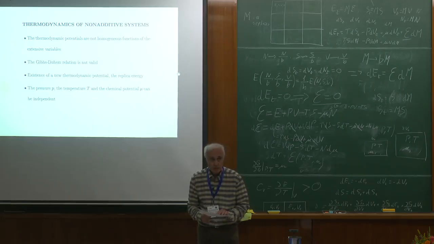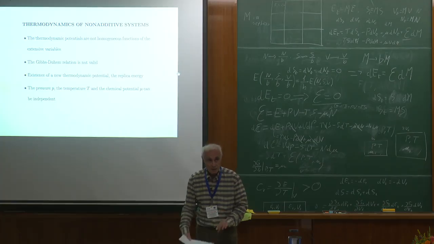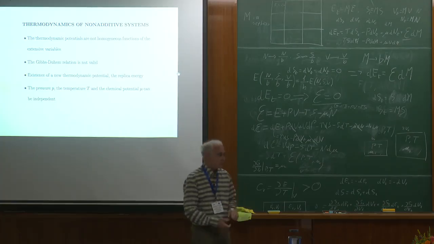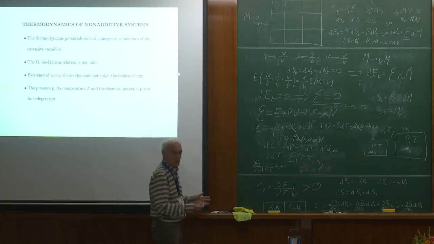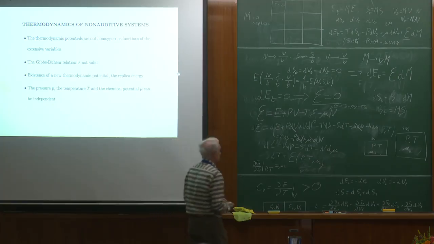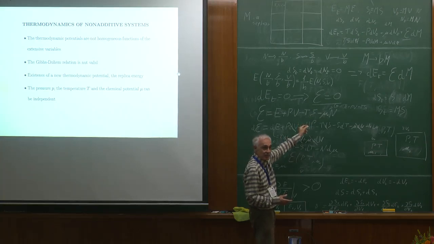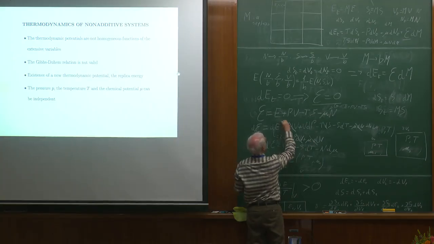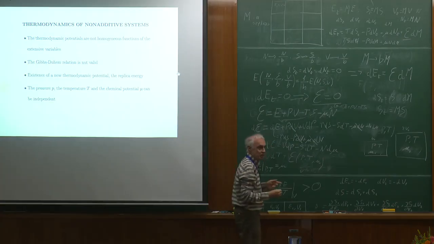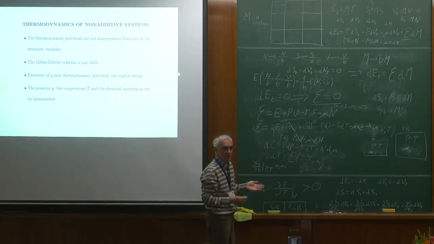How do you know that? What is the replica energy? So, okay. Generally, in statistical mechanics, this quantity is computed by doing some kind of partition function. For example, the free energy would be this minus this. You know that you compute it by taking the logarithm of the canonical partition function.